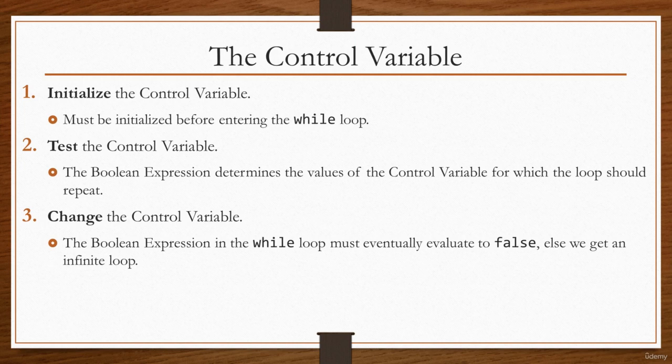But the point is you want the control variable to be part of that Boolean expression. Then thirdly, you want to change the control variable. The Boolean expression in the while loop must eventually evaluate to false to break out of that loop, or to move on to the statements that follow the while loop. So we want to eventually exit out of that loop. Otherwise, you'll have what is known as an infinite loop.